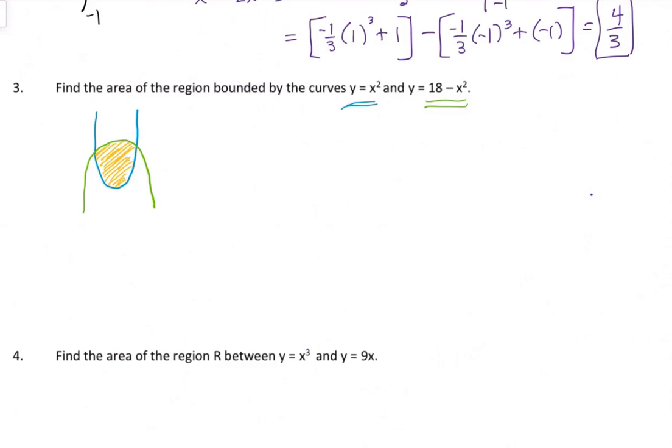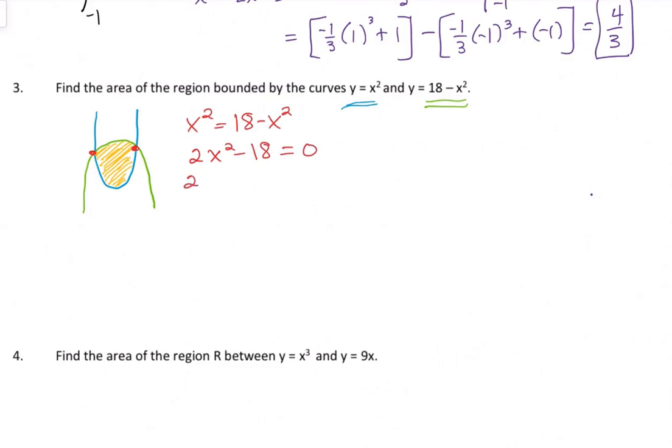So I want to start by finding the limits of integration. I want to find those two intersection points, which means setting the two functions equal to each other. So x squared equals 18 minus x squared. So again, if I pull everything to the left, I'm going to have 2x squared minus 18 equals 0.